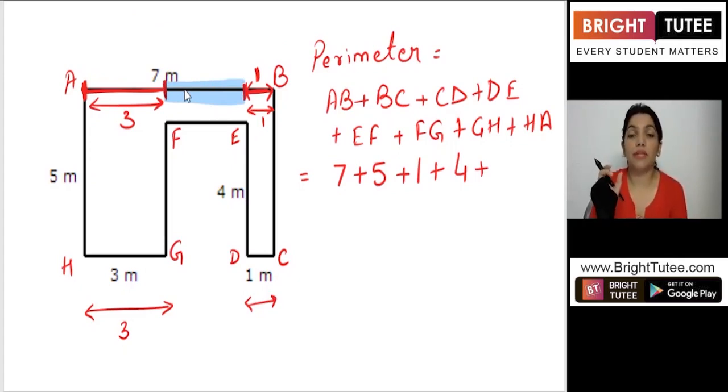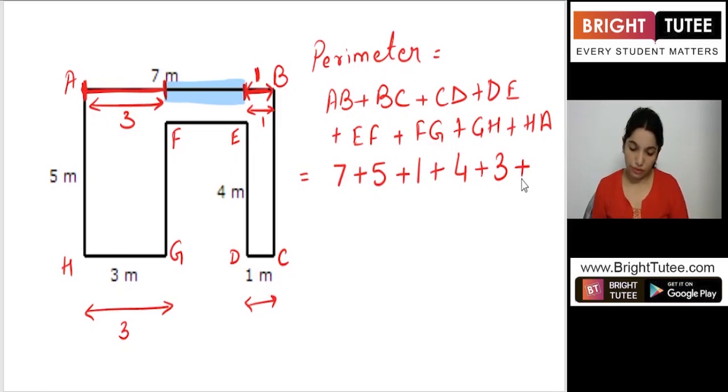Whatever you are left with is the value of this particular shaded part in blue. So 7 take away 3, take away 1. Let us write down the value. It is 3 meters. Why? Because 7 take away 4 is 3. Clear? Now moving ahead, we are done with EF.